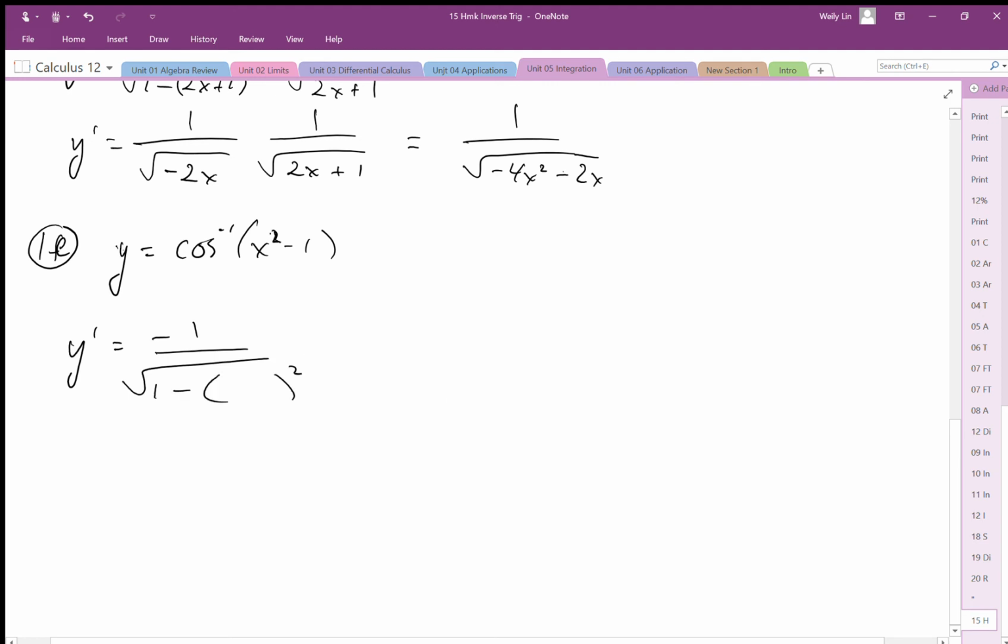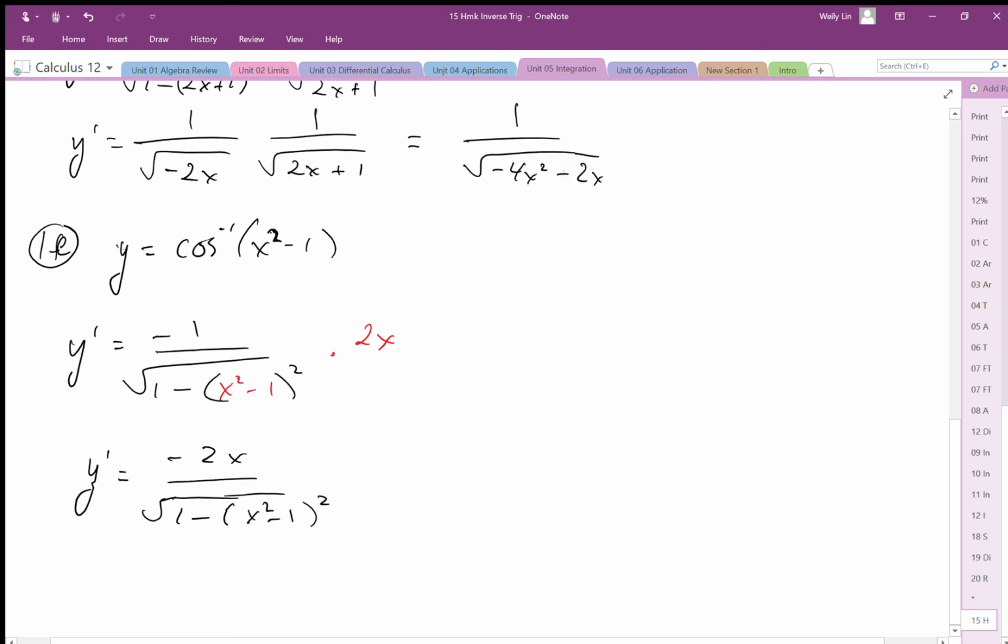Okay, the embedded function, we need to make sure we apply the chain rule to that. x squared minus 1, so times 2x for my chain rule. Okay, and then we end up with negative 2x over square root of 1 minus, I'm just going to leave it in brackets here, x squared minus 1.